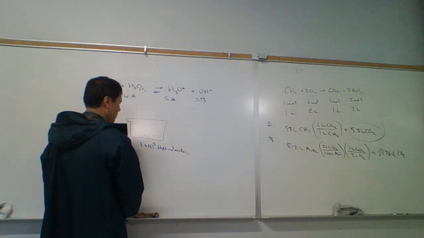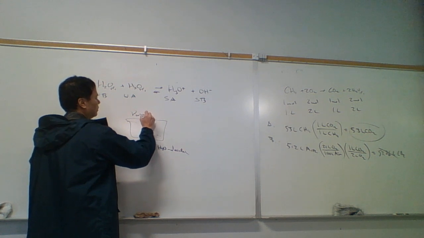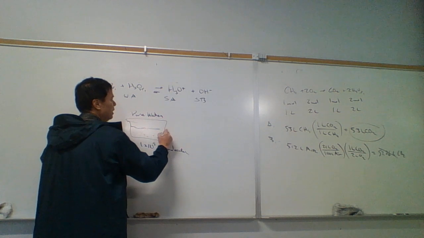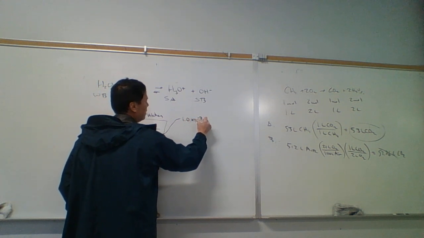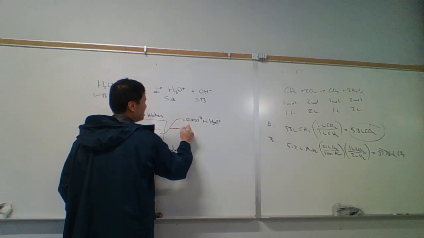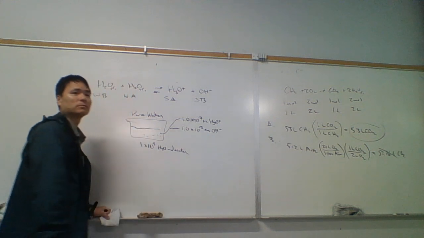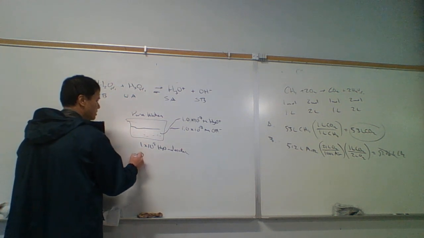In this pure water, we can measure how much by determining the concentration. It turns out that 1.0 times 10 to the minus 7 molar hydronium forms, and 1.0 times 10 to the minus 7 molar hydroxide forms. This is going to be at 25 degrees C.